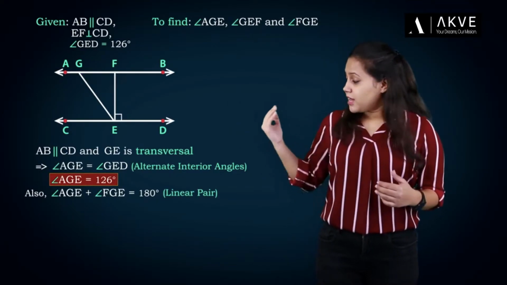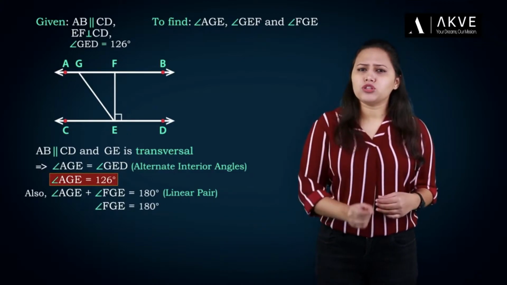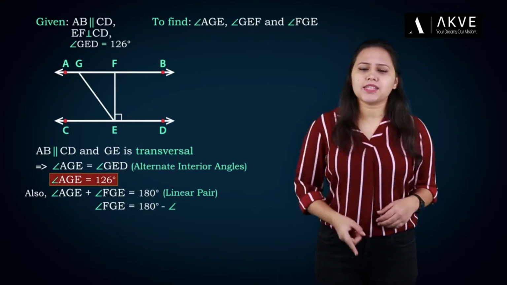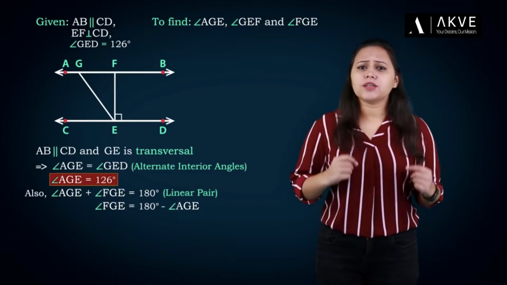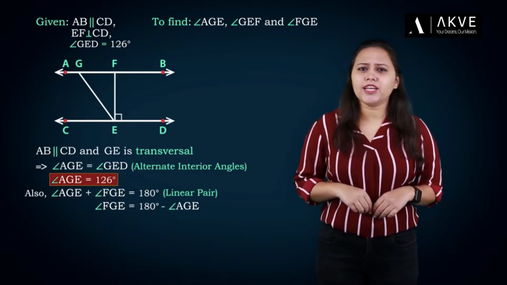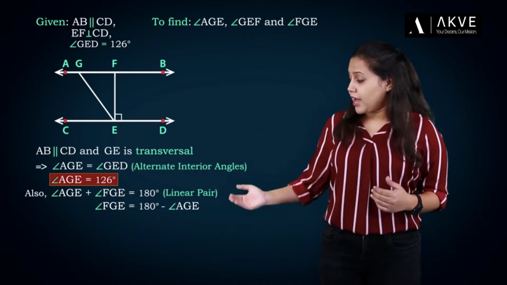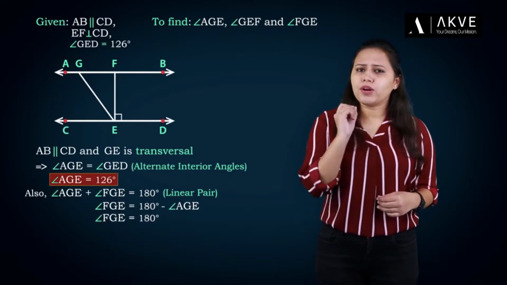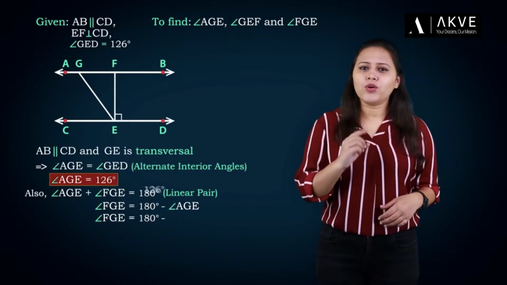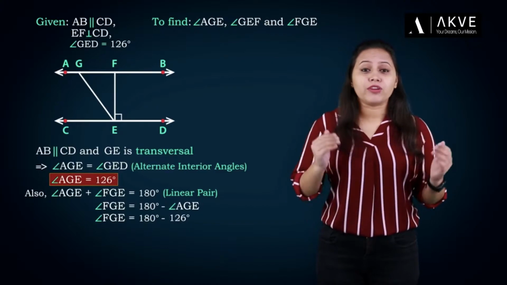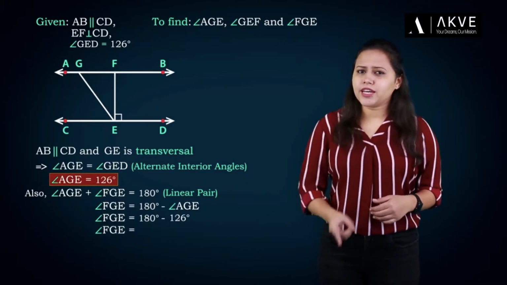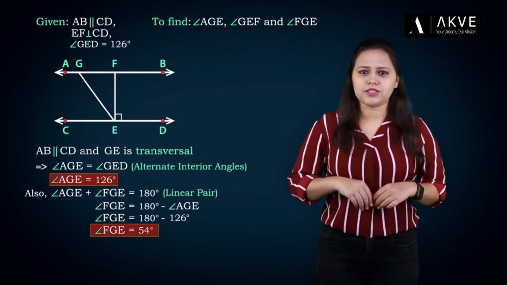This implies angle FGE is equal to 180 degrees minus angle AGE. And on substituting the value of angle AGE, we get angle FGE is equal to 180 degrees minus 126 degrees, which gives angle FGE is equal to 54 degrees.